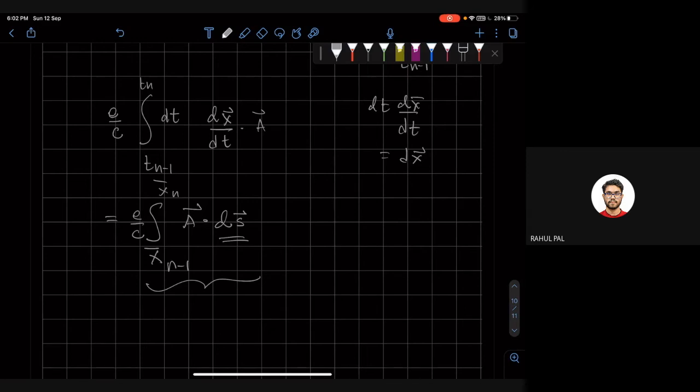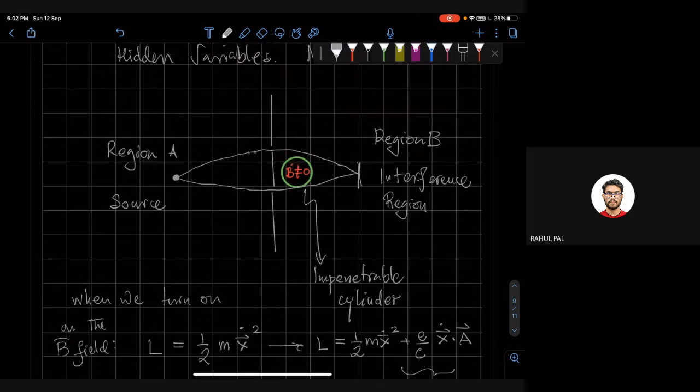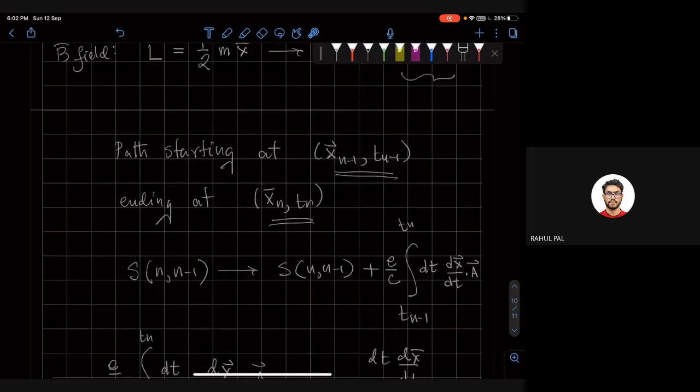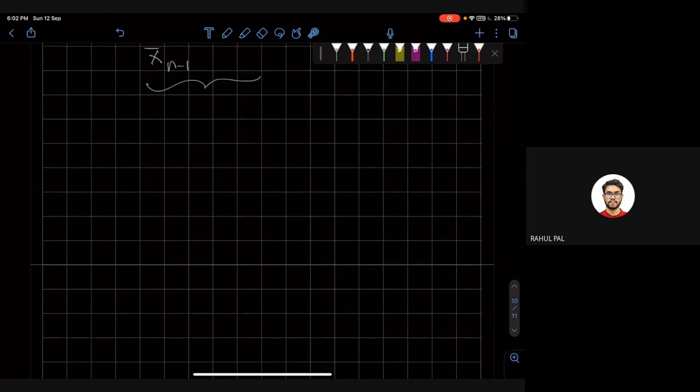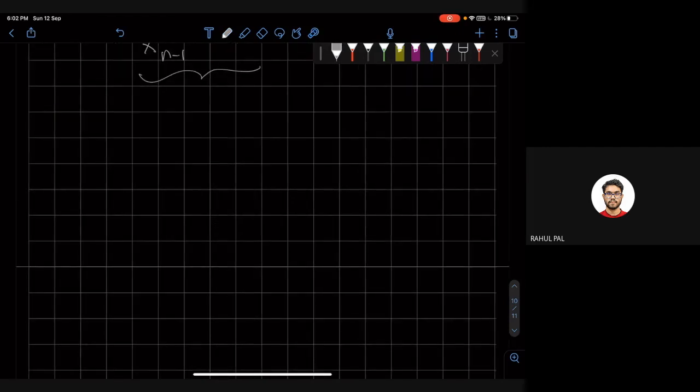So now let's take a path that goes from region A to region B. So according to the path integral, before we turned on the electromagnetic field, the contribution to the path integral would be all the actions that come from subdividing this path into small bits, right?